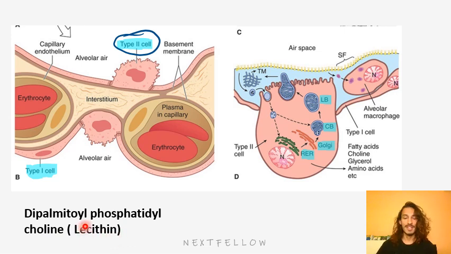So remember that: dipalmitoyl phosphatidylcholine or lecithin, whatever it's given, that is the answer. And also remember that this has an amphiphilic structure similar to that we had seen in your membrane. So this is a phospholipid sort of a thing.